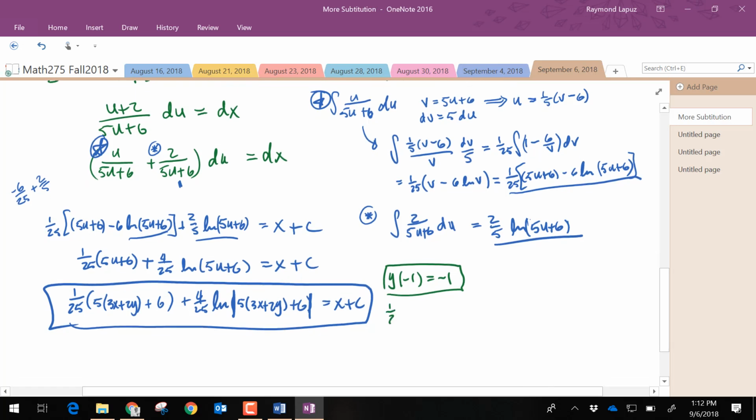So we get 1 over 25, 5 times 3 times -1 plus 2 times -1 plus 6, plus 4 over 25 ln of the same thing, 5 times 3 times -1 plus 2 times -1 plus 6, is equal to -1 plus c. And solve for c.